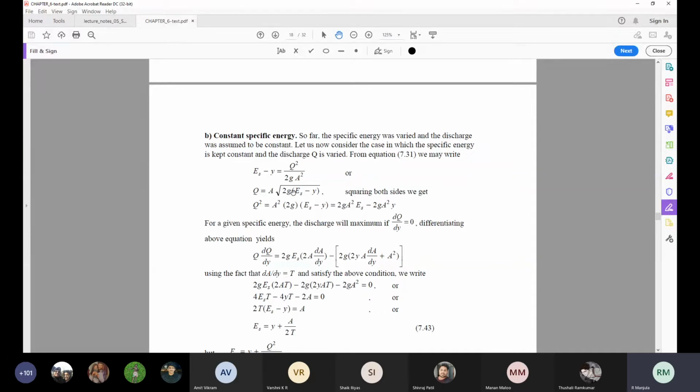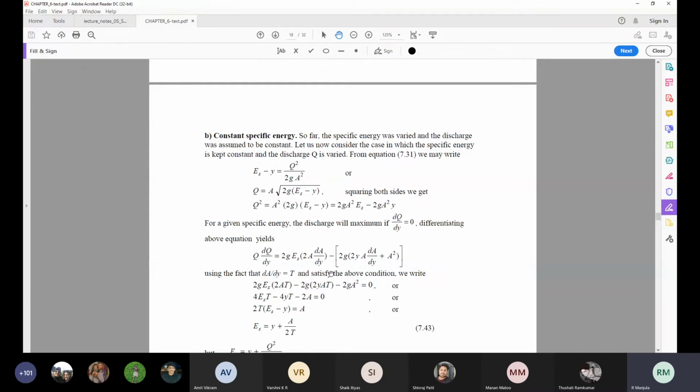So now you are differentiating the above equation. This will be 2Q dQ by dy is equal to 2g Es into 2A dA by dy, minus 2g into (2y A dA by dy plus A square).